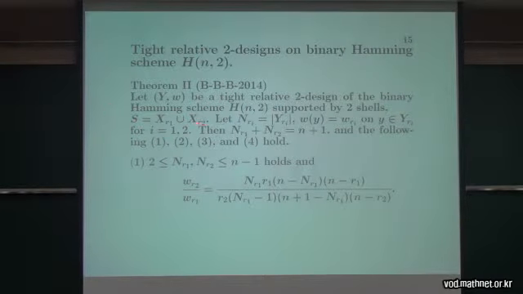So we consider just 2 shells, the cardinality of Y_ri is n_ri, and the weight is constant. The constant weight is defined by this one, and the lower bound is M0 plus M1, which is n plus 1. So it has to satisfy this condition, and the following 1 through 4 hold. The cardinality is between here, and the ratio of the constant is described this way.